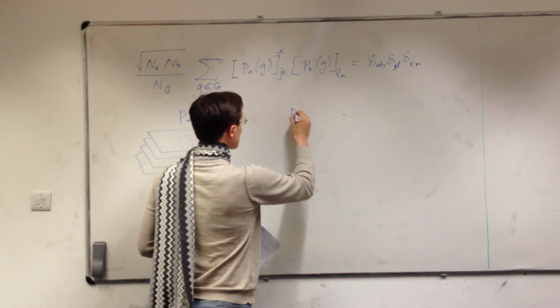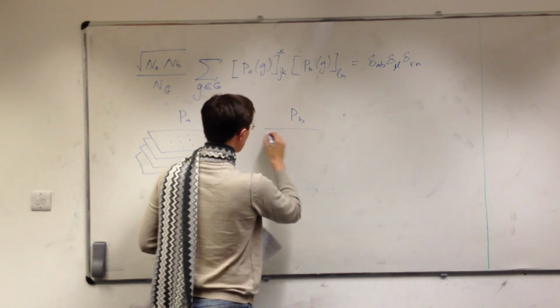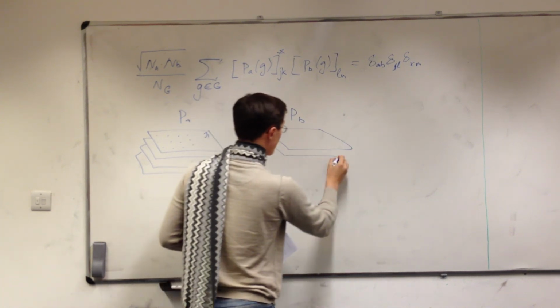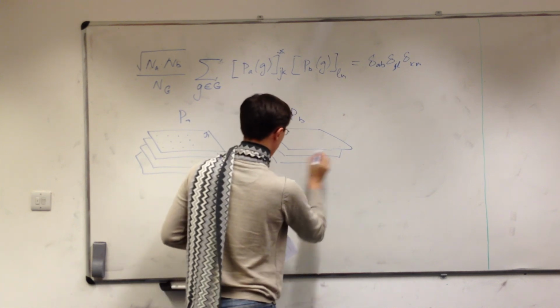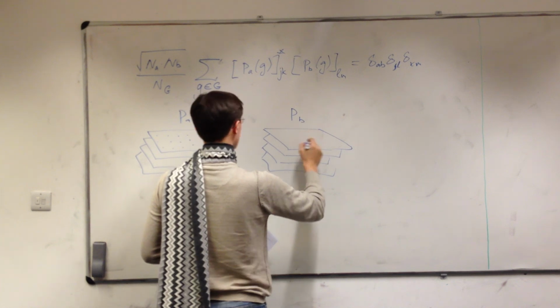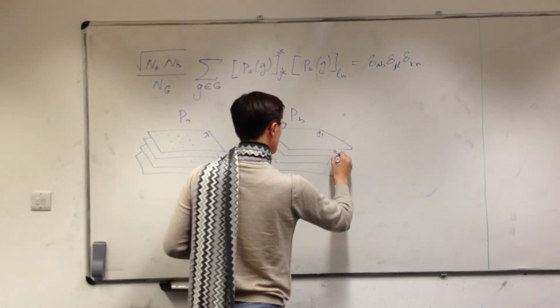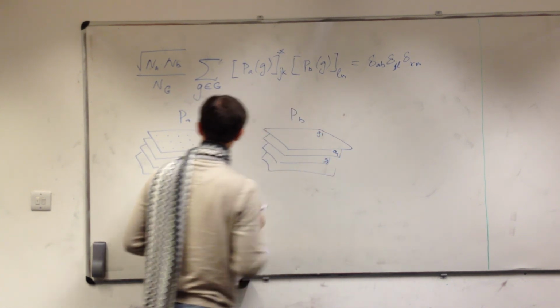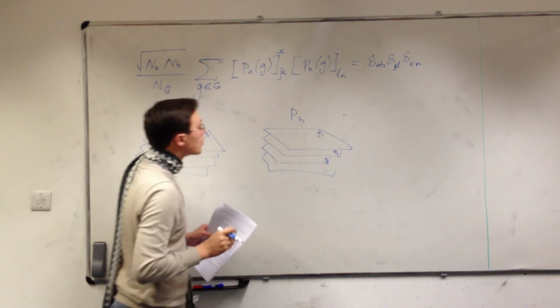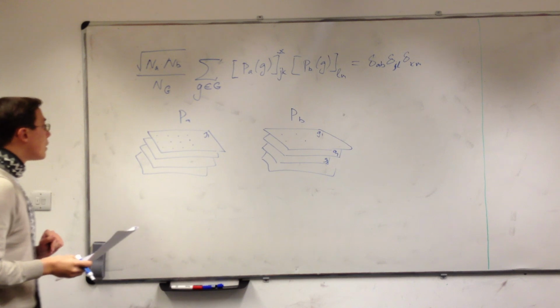We'll take representation PB. It will have matrices of probably different dimension, but we can still stack them vertically like that. And so on. So this is PB, again G1, G2, G3, and so on. You see, matrices can have different dimension. Let's say this could be 2 by 2, and this could be 3 by 3.